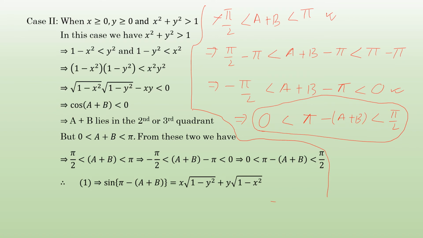It is from equation number 1 actually. So sine of a plus b can also be written as sine of pi minus a plus b, because in the second quadrant sine is also positive. So sine of pi minus a plus b is equal to that. Then take this sine to the right hand side inverse. So pi minus a plus b will be equal to this one.